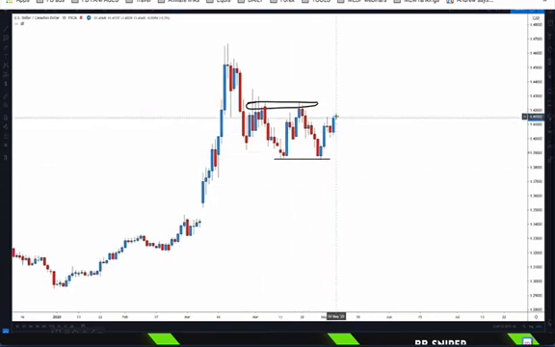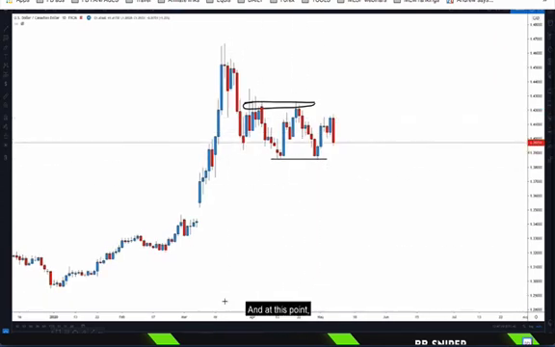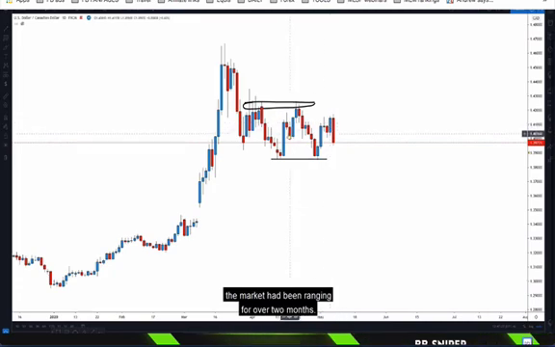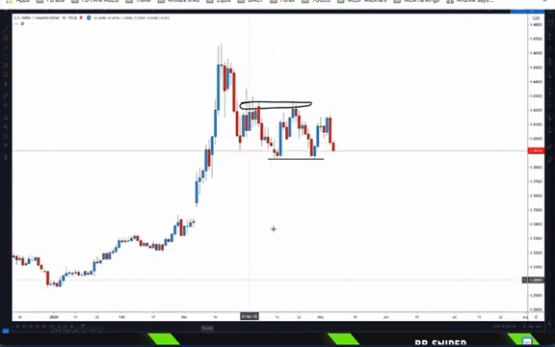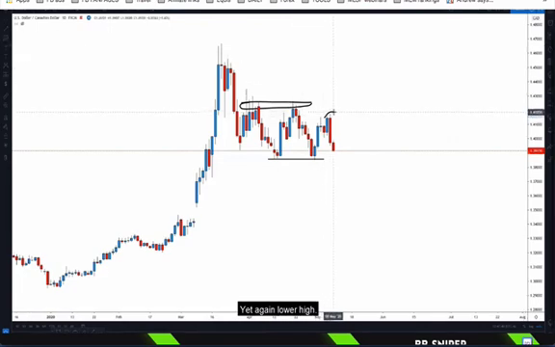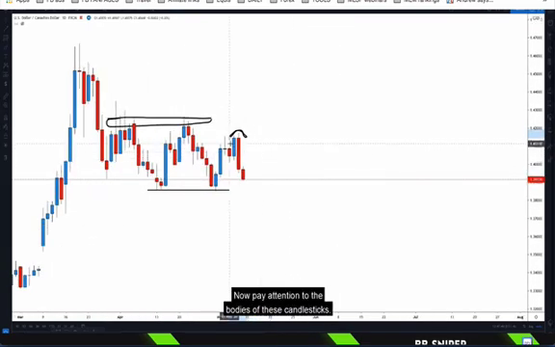We come back up once again, and at this point the market had been ranging for over 2 months. Yet again, lower high. Now pay attention to the bodies of these candlesticks.